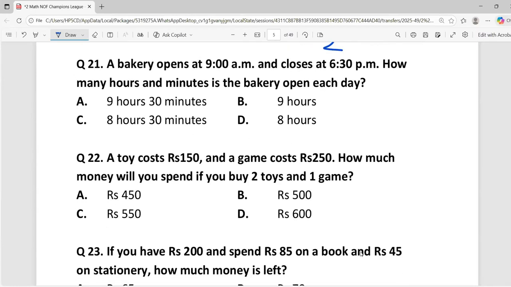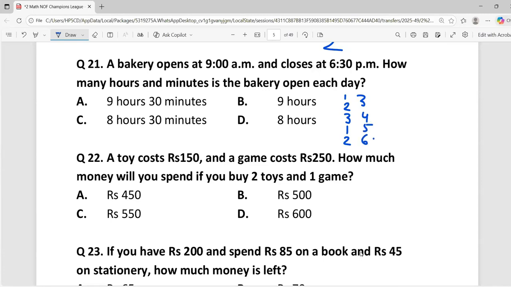Next, a bakery opens at 9 a.m. and closes at 6:30 p.m. How many hours and minutes is the bakery open each day? So now you can count it, starting with the 9 a.m.: 9 to 10, 11, 12, 1, 2, 3, 4, 5, 6.